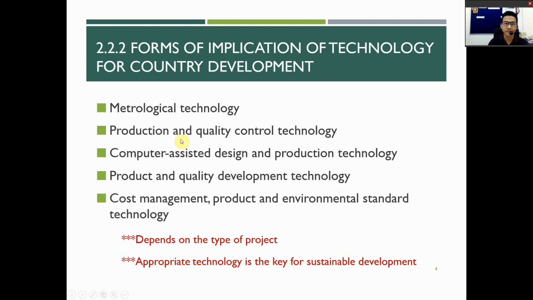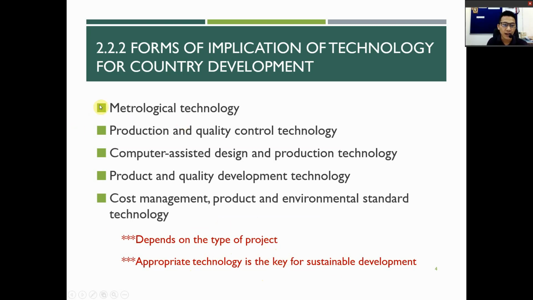All right. Now the second one is the form of implication of technology for country development. It actually depends on the type of project we're talking about, and one thing to keep in mind is that appropriate technology is the key to sustainable development.